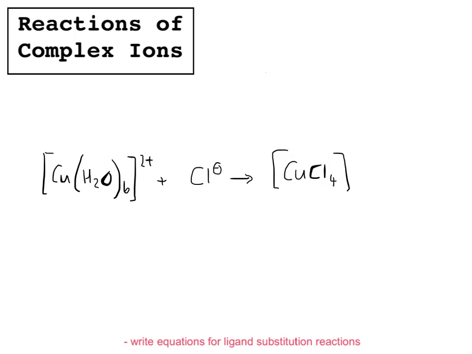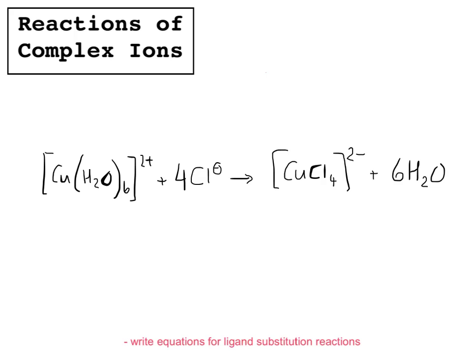So that's going to be 2+, take away 4 from the 4 chloride ions. So the new charge is going to be 2-. So you must make sure you just check what the new charge is going to be and just think about it before just writing. And you're also going to make 6H2O because they've been chucked off, and you're going to need 4 chloride ions in order to complete that.